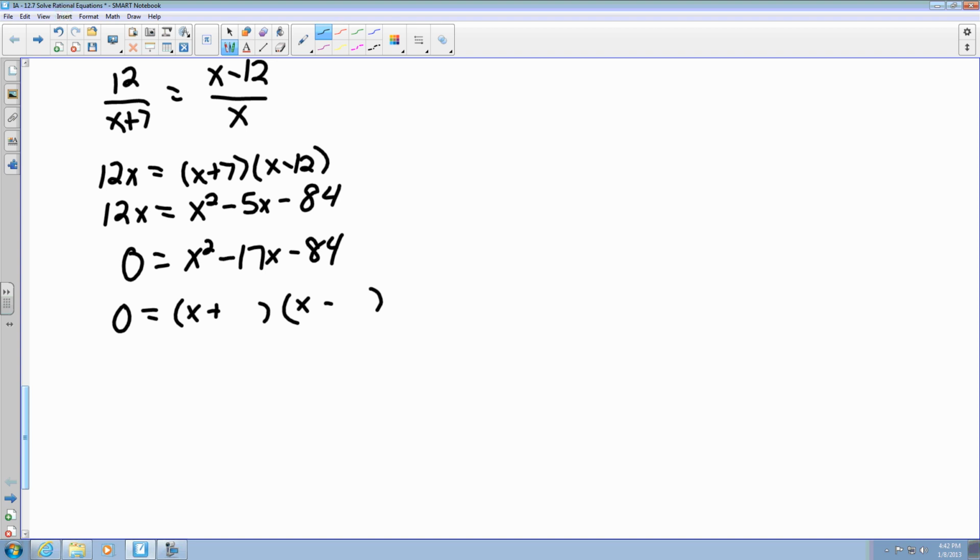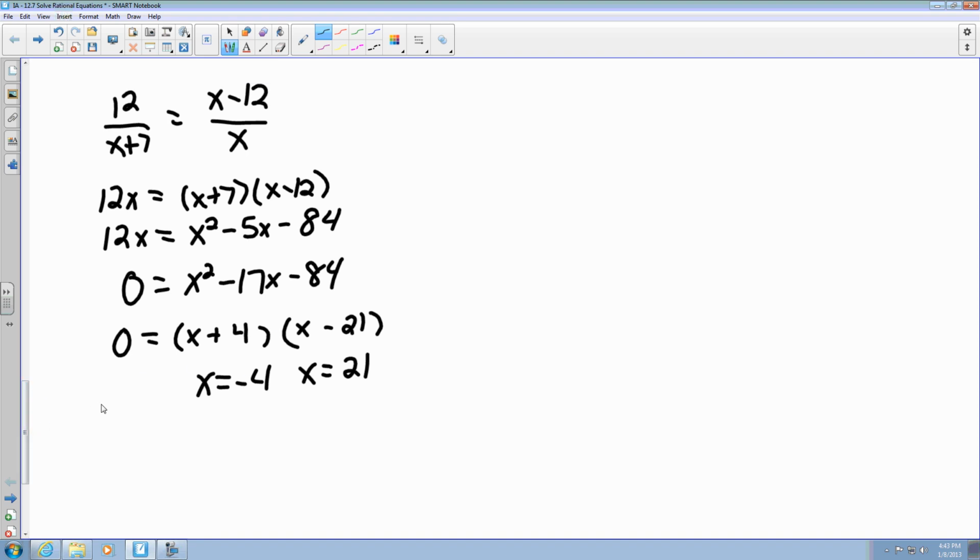And I believe I can find it with 21 and 4. So if I use the zero product property, my x can equal -4 and my x could equal 21.